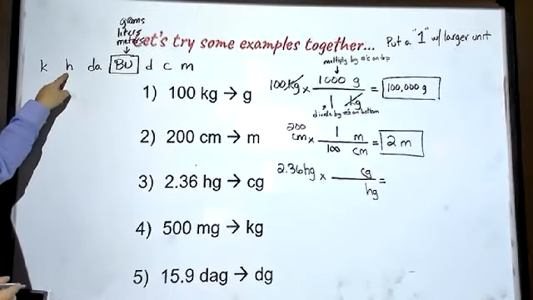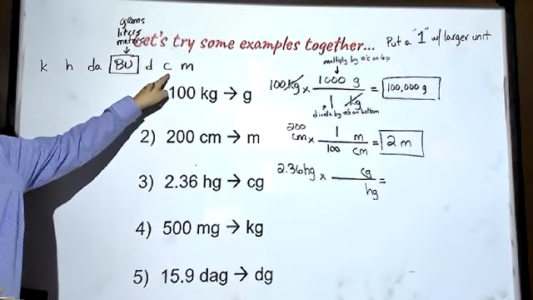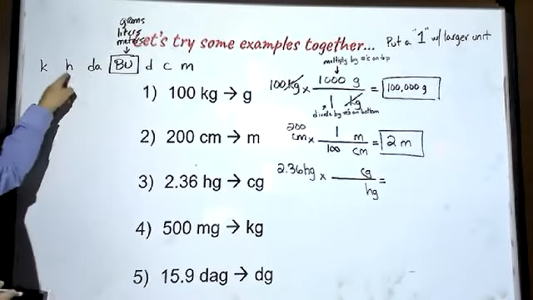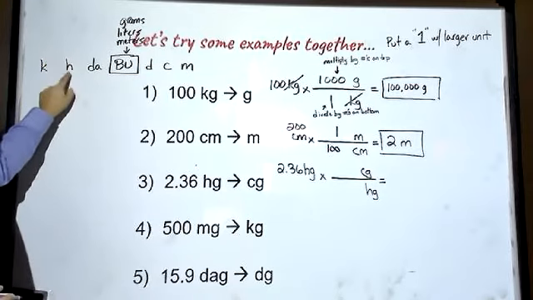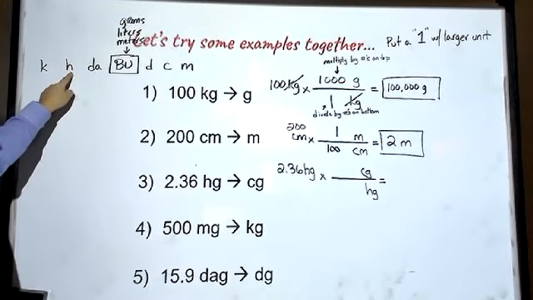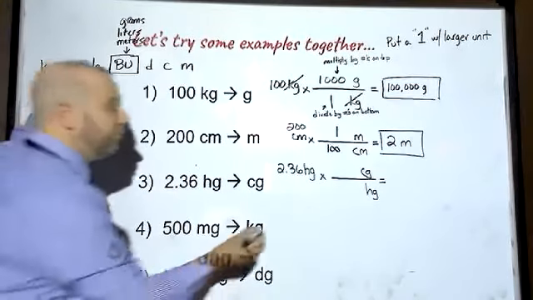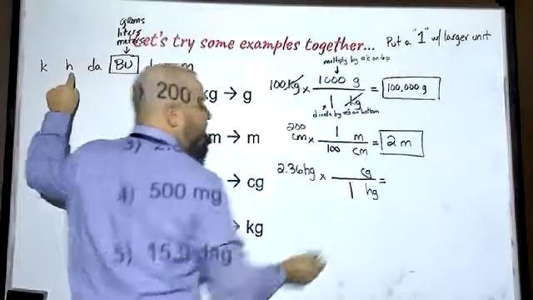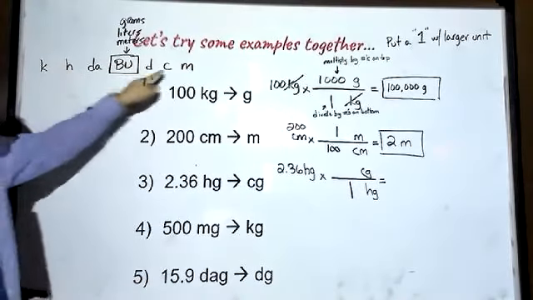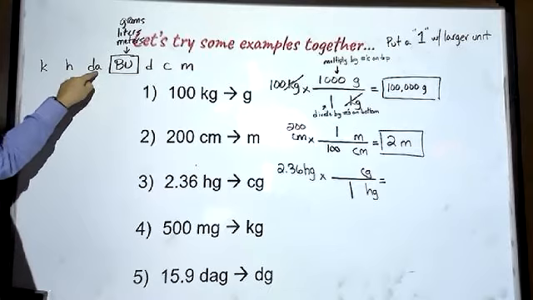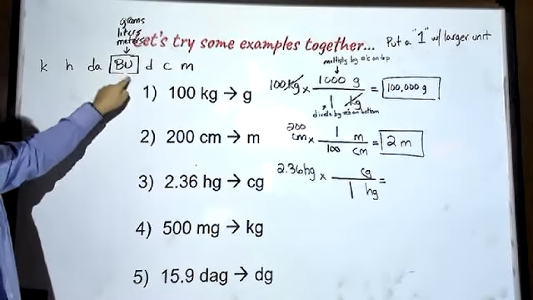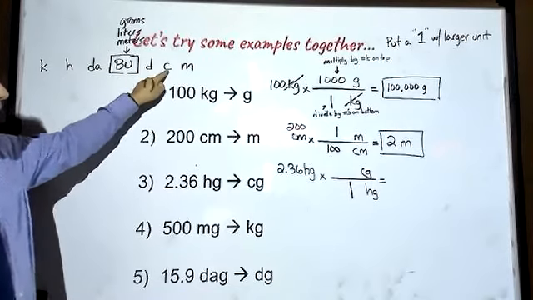Then we look. Hecto is all the way over here to the left. Centi is all the way kind of over here to the right. So the larger units are the ones on the left side. So hecto is larger than centi. So hecto is going to get the 1. Now to go from hecto to centi, we go 1 spot, 2 spots, 3 spots, 4 spots.